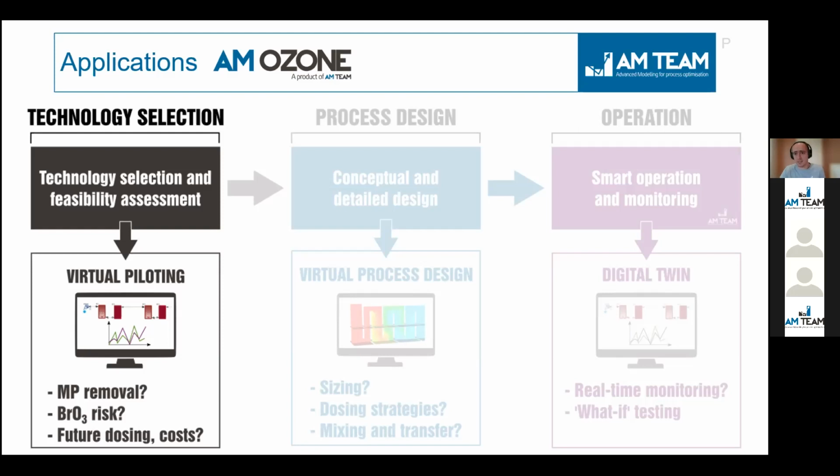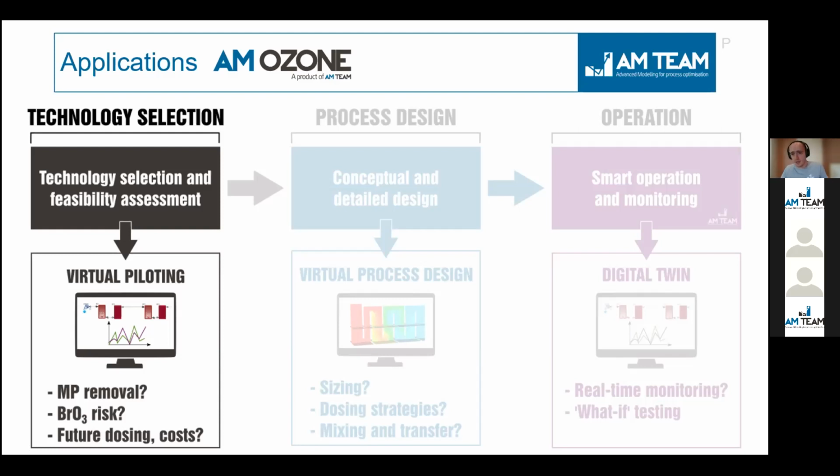Amazon can help you in removing the uncertainty in an ozonation process during the whole cycle, from feasibility study over the design to the operation of such a plant.